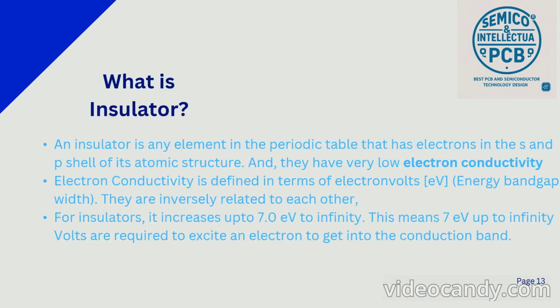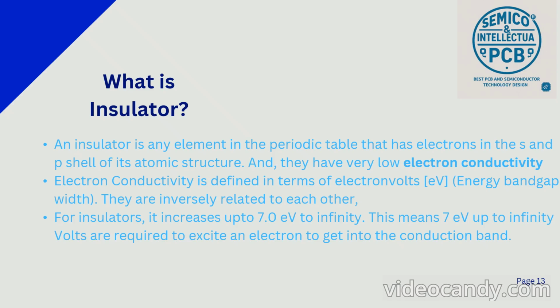Insulators have a very high energy requirement to excite an electron. They are the materials with very low electrical conductivity. They can also be said to have very high electrical resistivity.